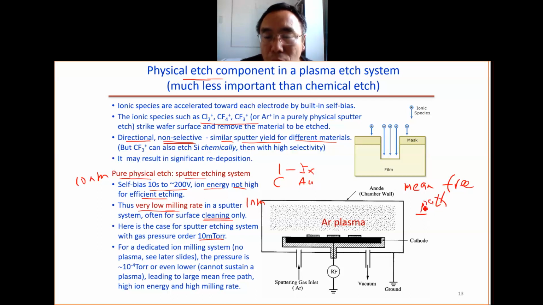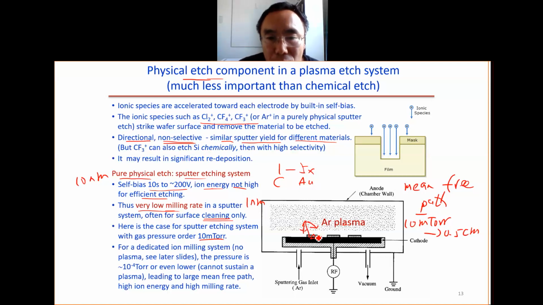So we have talked about the mean free path for the evaporation. So 10 milliliter gives about 0.5 centimeter mean free path. You can imagine, even if this is gold, even though it's bombarded away, it will be kicked back because of the collision.